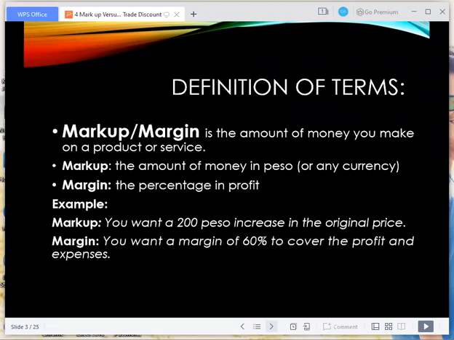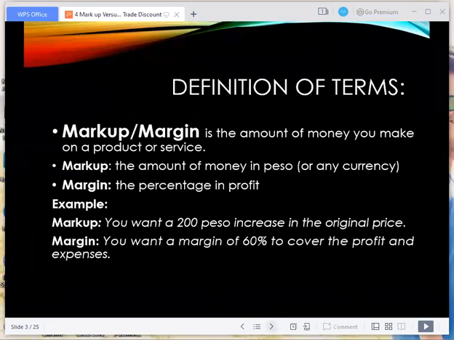Okay. And when we talk about margin, it refers to the percentage. So here, you want a margin of 60% to cover the profit and the expenses. Okay, so margin is percentage of the cost or percentage of the profit. So again, markup is in currency, margin is in percentage.